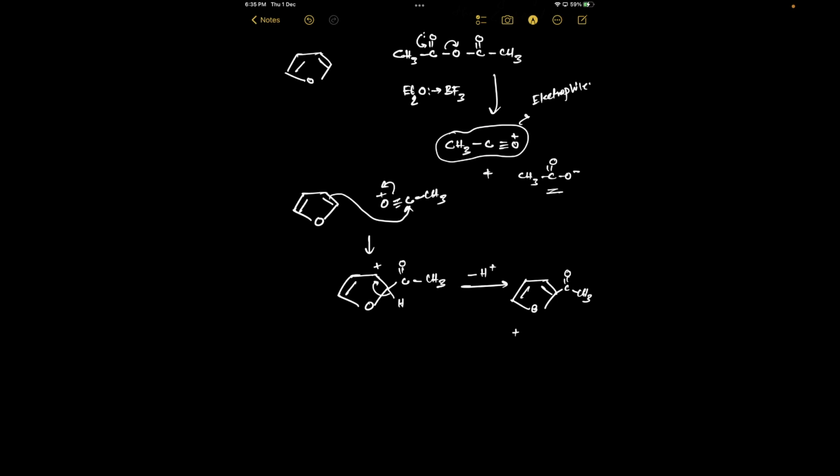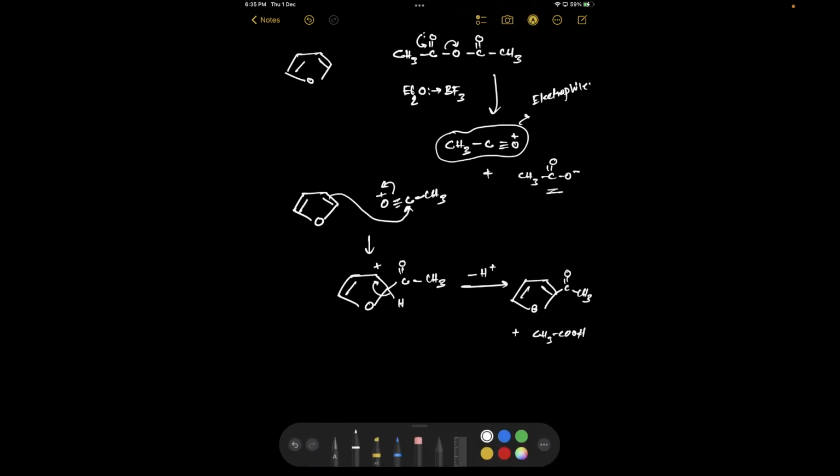This acetate ion will take the H plus ion and form acetic acid. So the major product will be this. This is the major product.